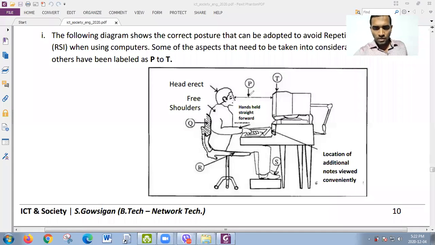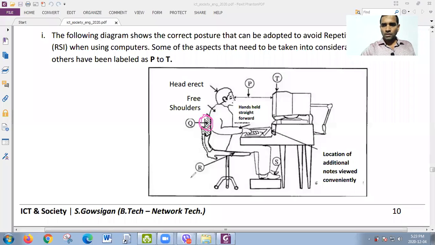So you can say that P is for showing the gap between the eyes and the monitor, or that the monitor should be a little above the eye level. That is P. Q. So Q is this one, right? You must say that it is the backrest, or you can say that the user should lean on the backrest. That is important.